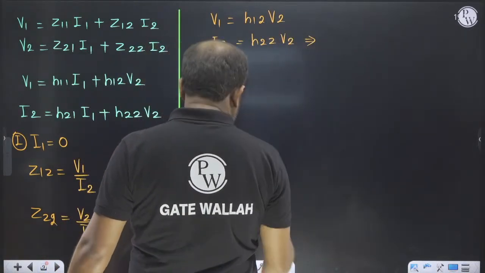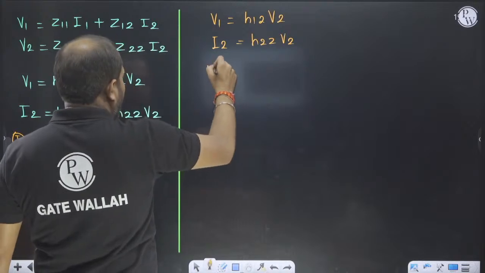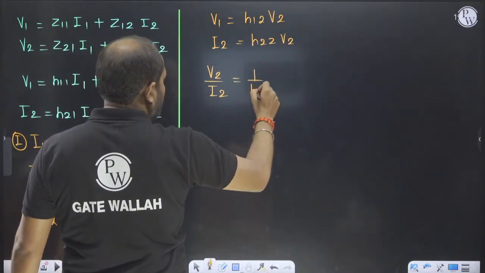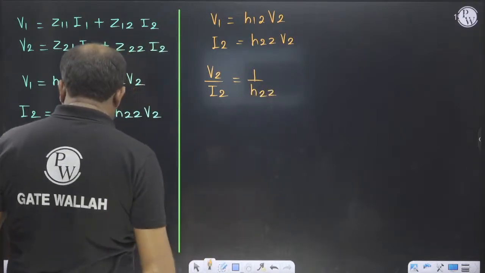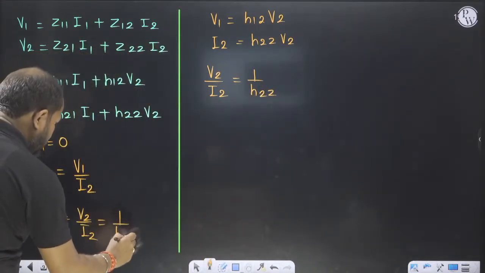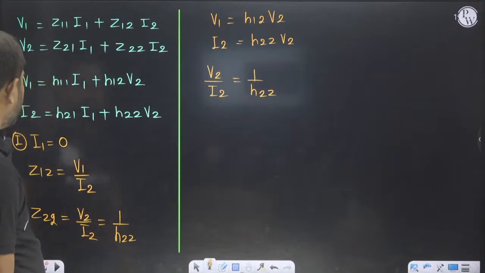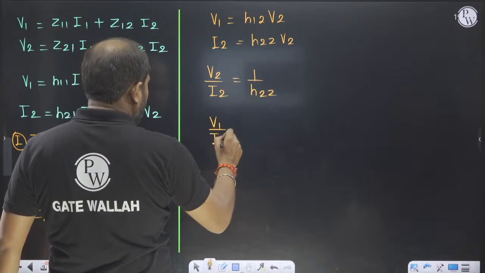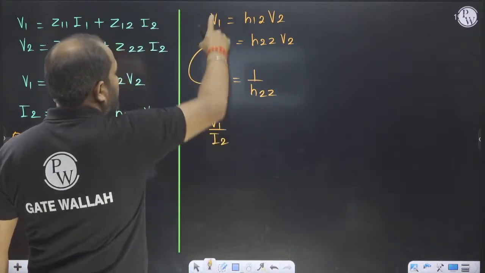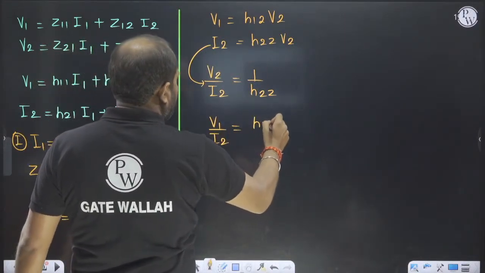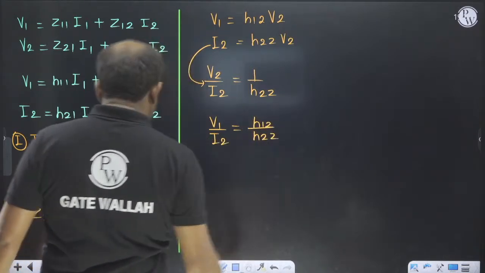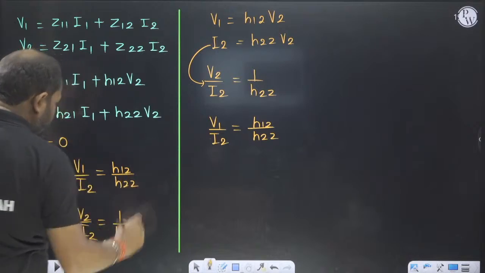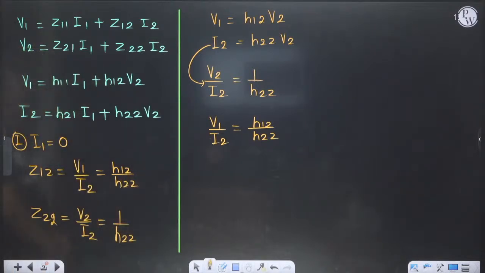So V2 by I2 will be equal to 1 by H22. Second case, V1 by I2. From this equation, if we divide V1 by I2, it will be H12 upon H22. Yes sir. So this is the formula for which part?